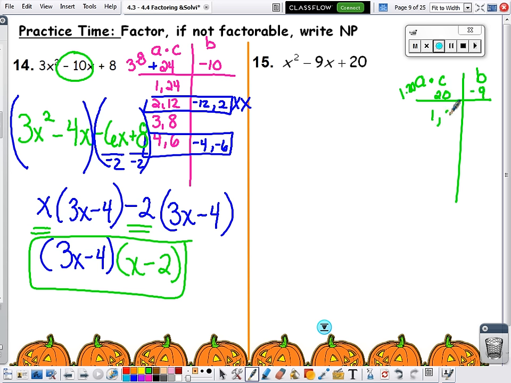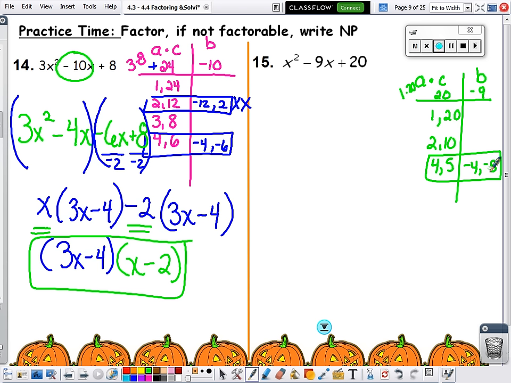So that's 1 and 20, 2 and 10, 3 doesn't go in there, 4 and 5, and then I will start repeating. There's only one combination here that will give me the negative 9, and that's the 4 and 5. They both need to be negative, so when I add them together, I get a negative 9.